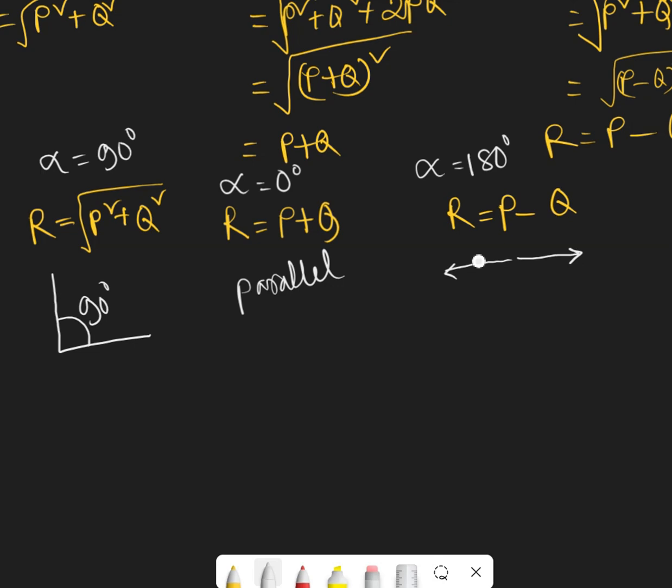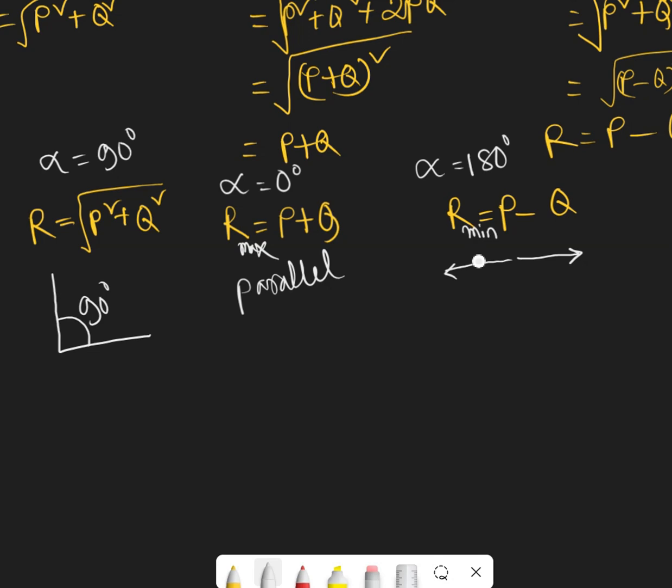So if we put the same values of P and Q for these three cases, obviously this will be the maximum value, and this will be the minimum value.